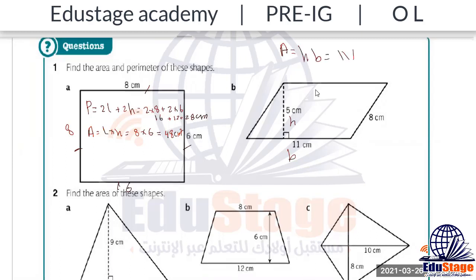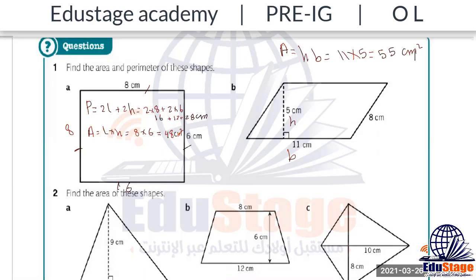So 11 multiplied by 5 equals 55 square centimeter.